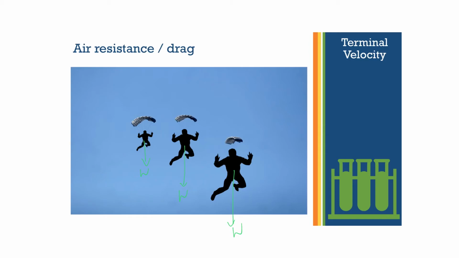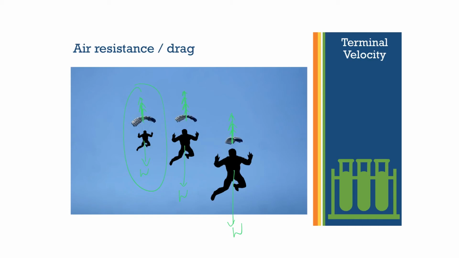Now, when they're falling, to start with, the air resistance will be the same, and they're going to carry on accelerating down. But over time, the arrow will get bigger and bigger. As soon as this person here reaches terminal velocity, when they're the same size, that will stop that person getting any faster.